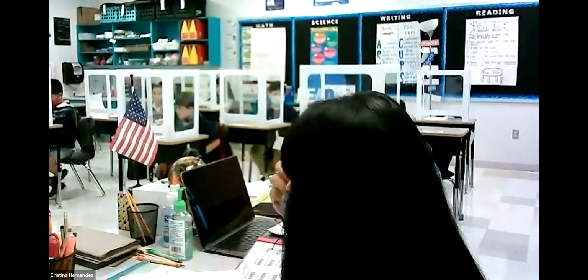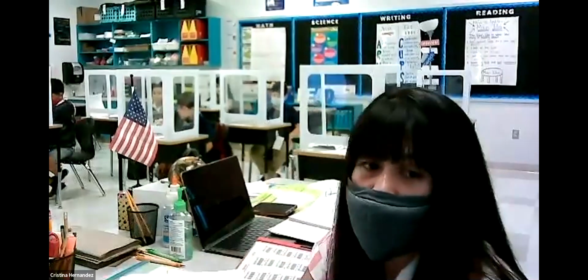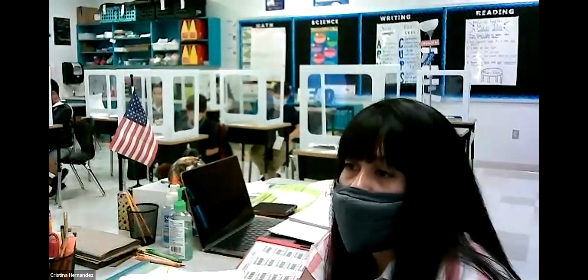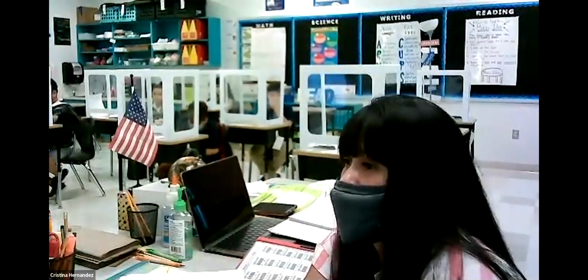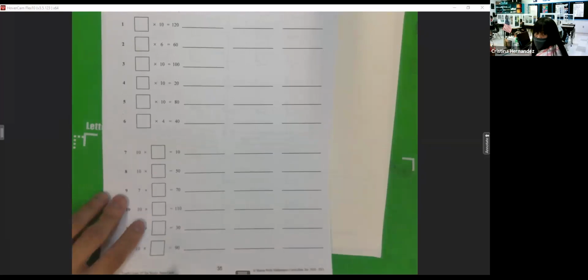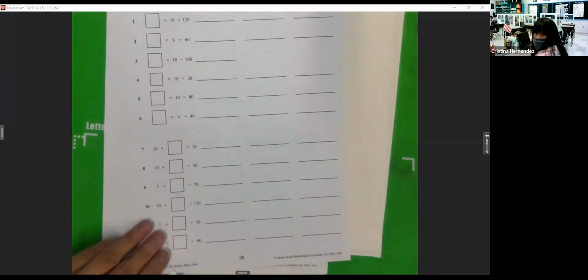Page 35 if you're not eating breakfast. If you are eating breakfast, you have like 5 minutes to finish. Page 35 if you're done eating breakfast.